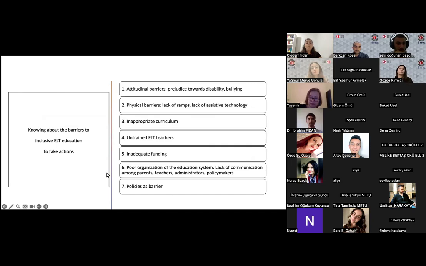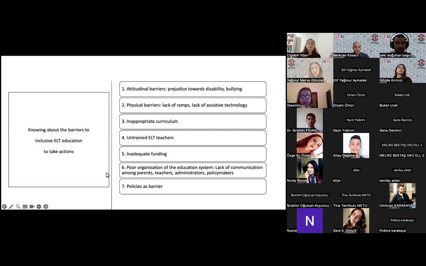To be able to achieve inclusivity in the ELT classroom, it's really important to know the barriers to inclusive ELT education so that we can take actions. When I say we, I mean academicians, education policymakers. We can take actions, but we should know the barriers. There are some barriers that I collected, based on the literature or my own experiences.